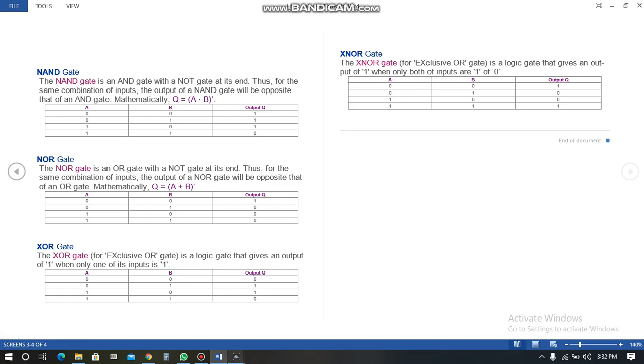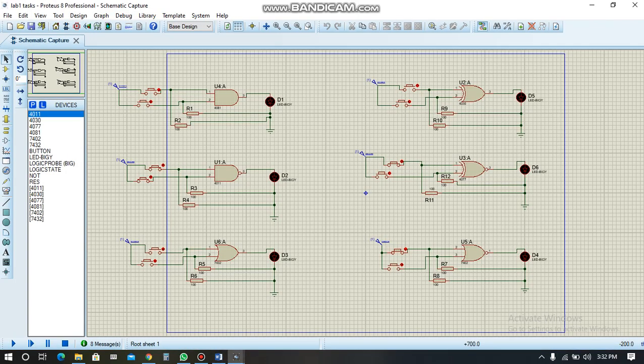Now we'll come to PROTEUS and simulate each gate to see a practical simulation, or we'll confirm the operation given in the truth table. So this is a NAND gate, and these are two input signals.